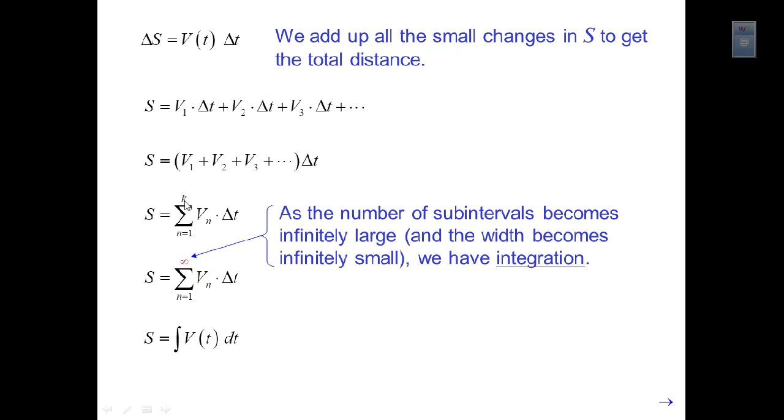In summation notation, this is a finite number. K might be 2, it might be 7 million, whatever, but there's a finite number of terms that you can add up. If you go from n equaling 1 to infinity, delta t is infinitely small, so this becomes integration.